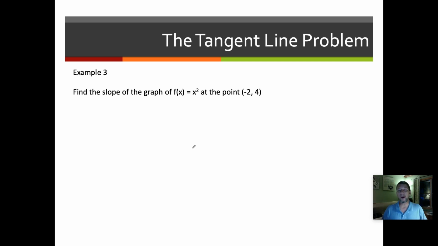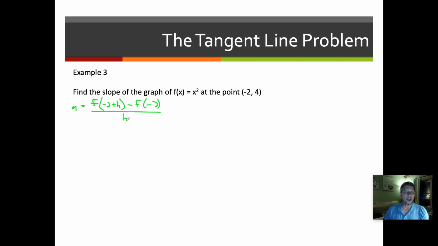However, I want you to actually calculate this using the difference quotient. So let's say that my slope is going to equal the difference quotient. So it's going to be equal to f of -2 plus h minus f of -2 all over h.